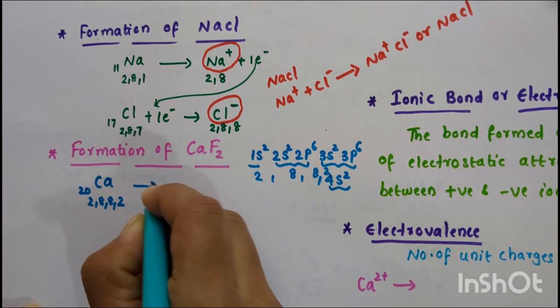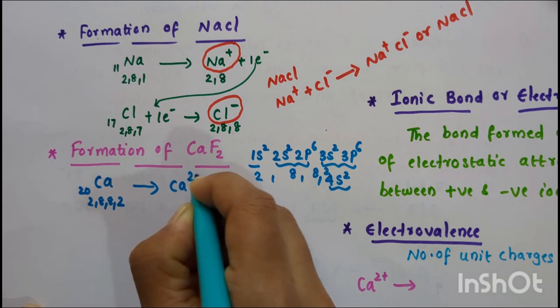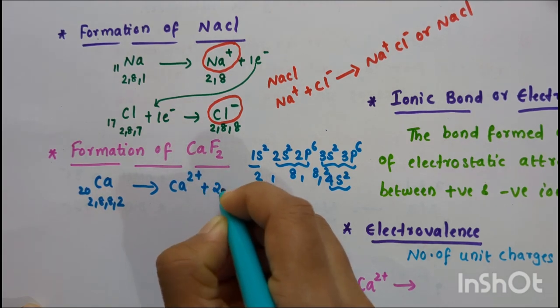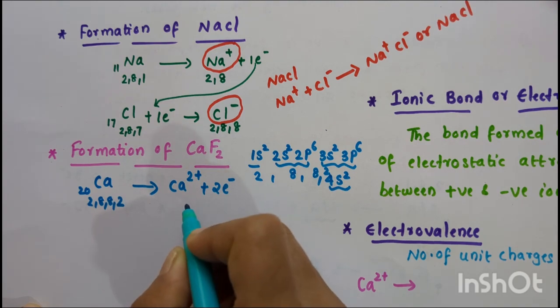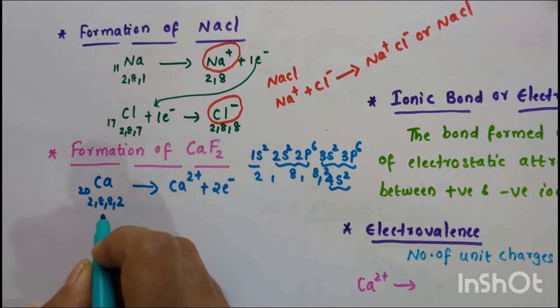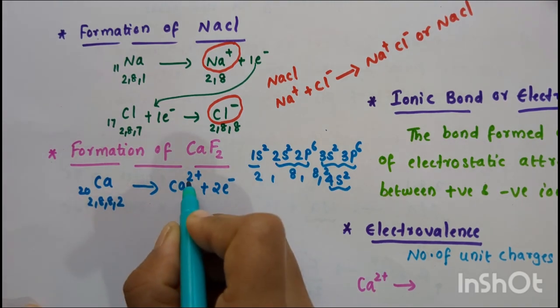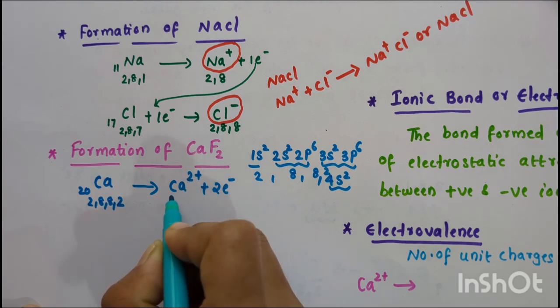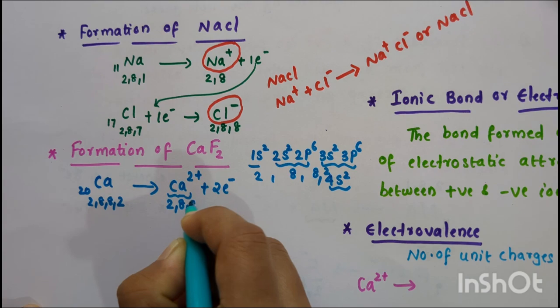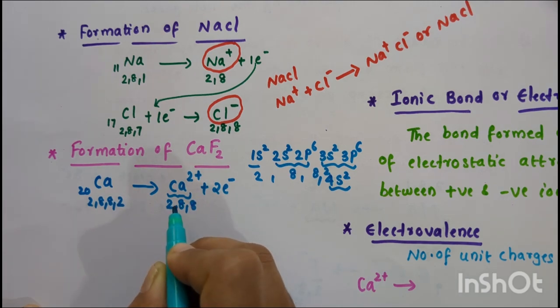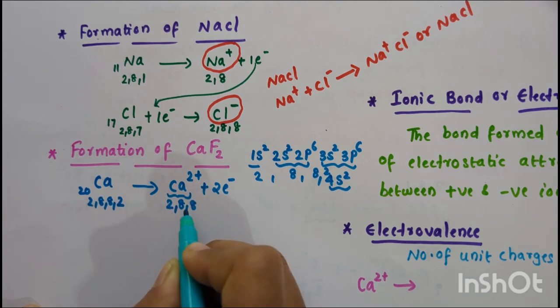So, it will become Ca2 plus ion by losing 2 electrons to achieve a stable electronic configuration. Similarly, when you lose 2 electrons, for Ca2 plus, its electronic configuration will become 2, 8, 8. So, it achieves an octet, 8 electrons in the outer shell, stable configuration.